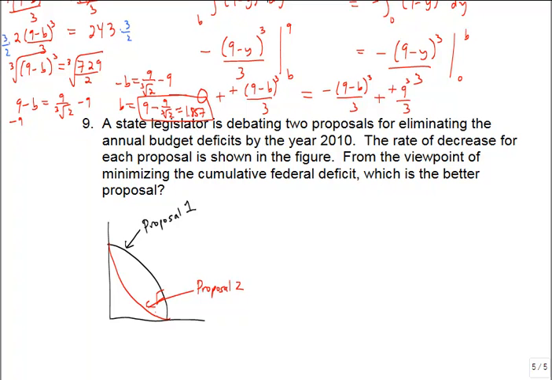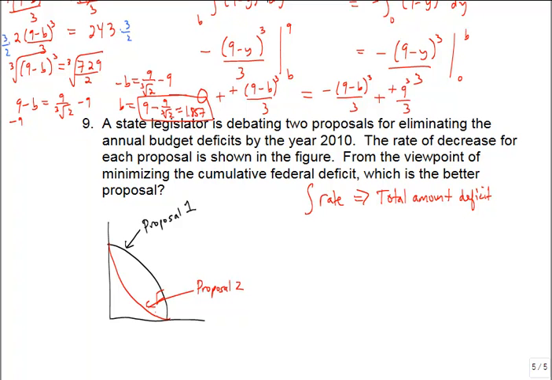You end up with a cumulative or total amount. So when you integrate a rate, you get a total amount. So if we're integrating a rate of decrease of this budget deficit, then when we integrate it, we're going to end up with the total amount of that deficit. And we want to minimize that.